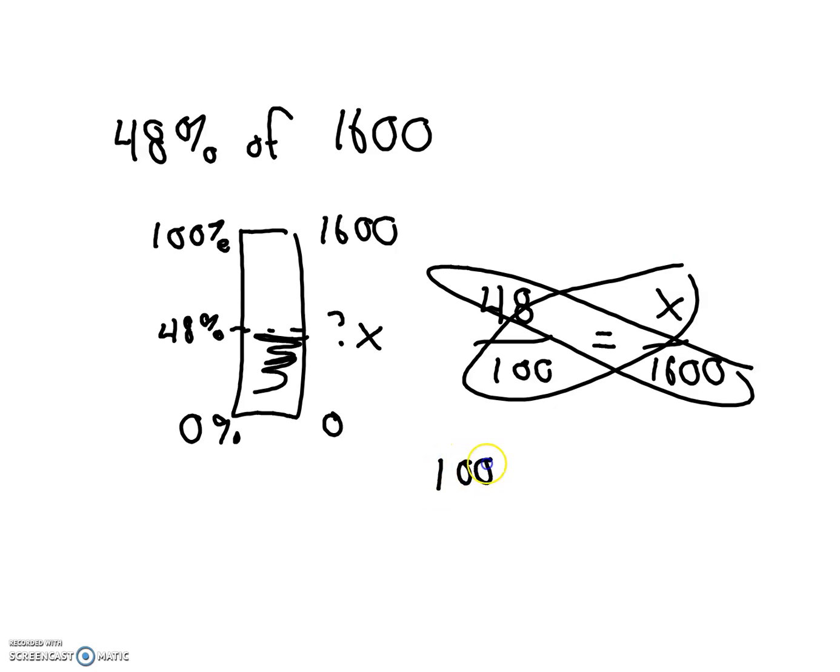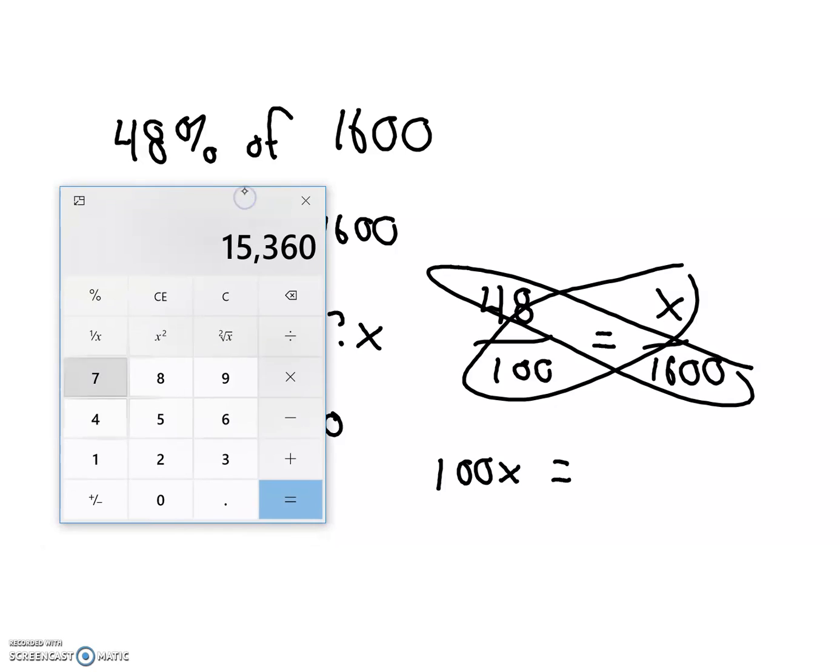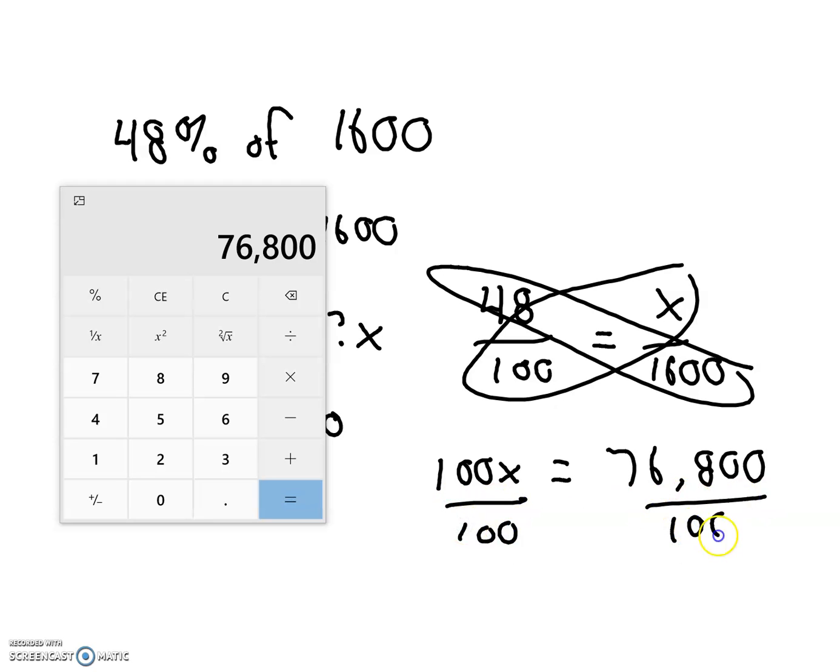So let me just write the 100 times x here. And then we'll figure out what 48 times 1,600 is. That's 76,800. Now divide off the 100 to find out what x is. So divide by 100.